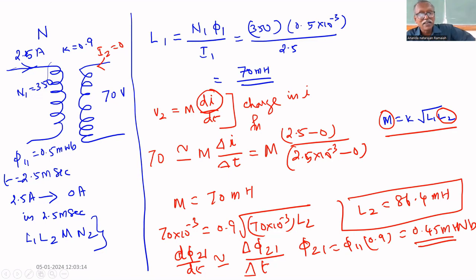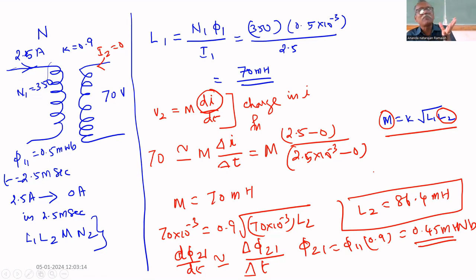What is the change in flux we have to find mathematically? That we do not know. But for a considerable time we are making it approximate. That's why we substitute: the change in flux is 0.45 into 10 power minus 3. And why N2? Because d phi by dt is not the voltage; it gives the voltage in one winding.